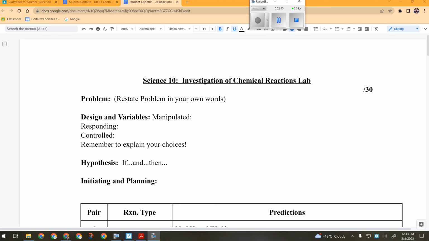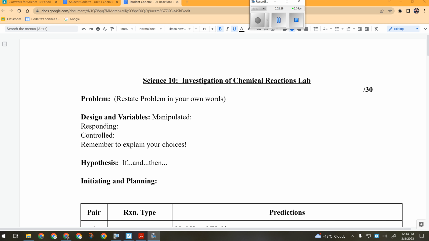I gave you a pretty in-depth explanation of what I was looking for, but I still had a bunch of people that just named the things that were manipulated and responding, and what happens. That's not thorough enough. I need very, very specific identified variables with very specific explanations.